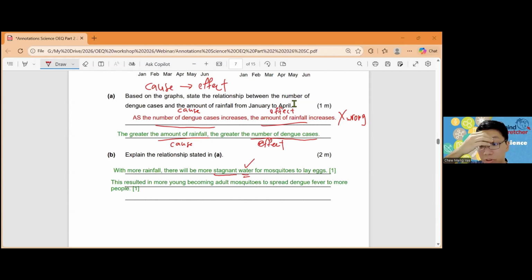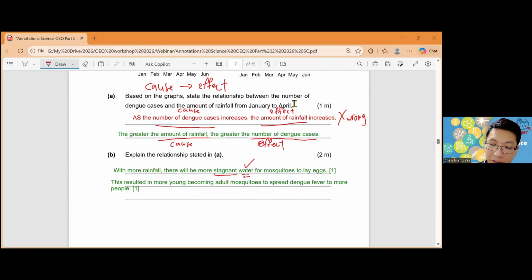Mosquito eggs are found in stagnant water. Stagnant water can be found, for example, under a pot of plant. Sometimes when too much water has been added to the pot of soil, the water drains out and stagnates there.